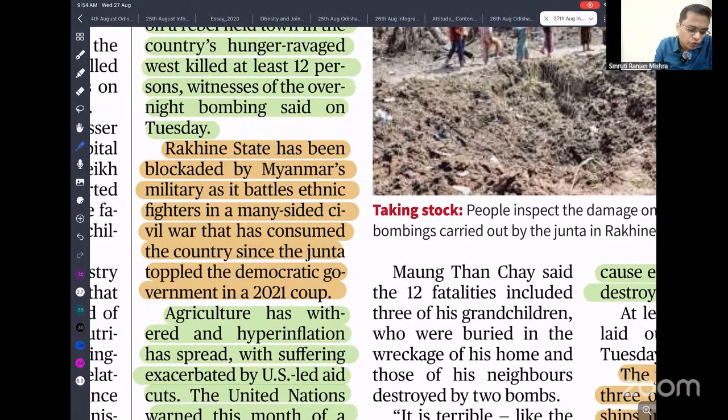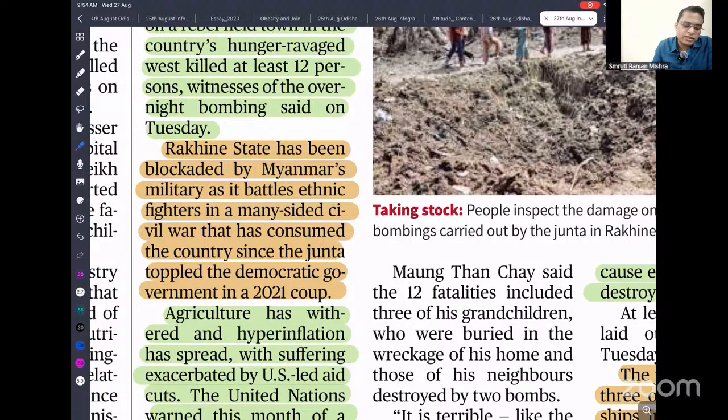After the military, with its battles against ethnic fighters in many sites, civil war has consumed the country, with the Junta toppling the democratic government. They staged a coup against the democratically elected government, captured power, and attacked all the communities opposing the military ruler.